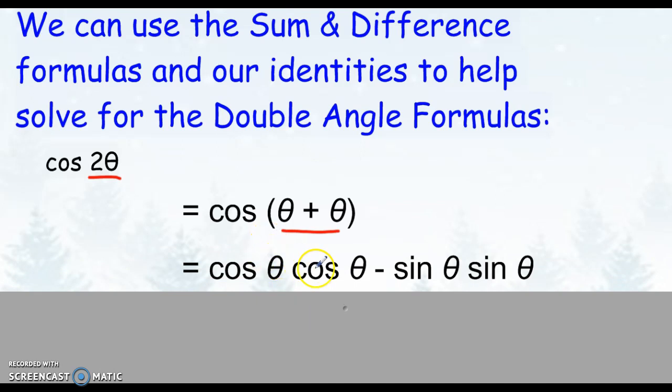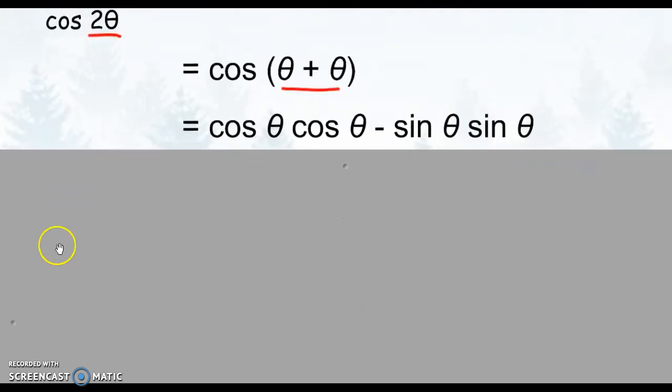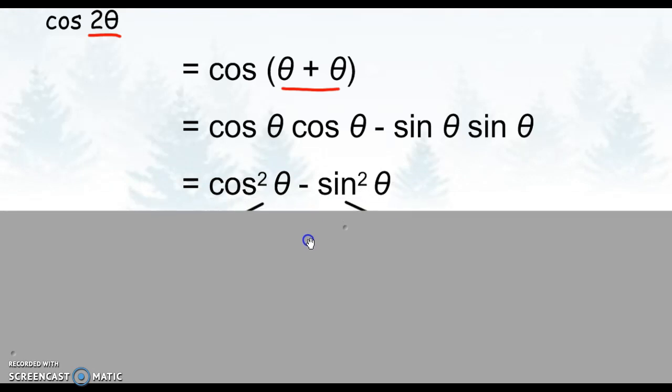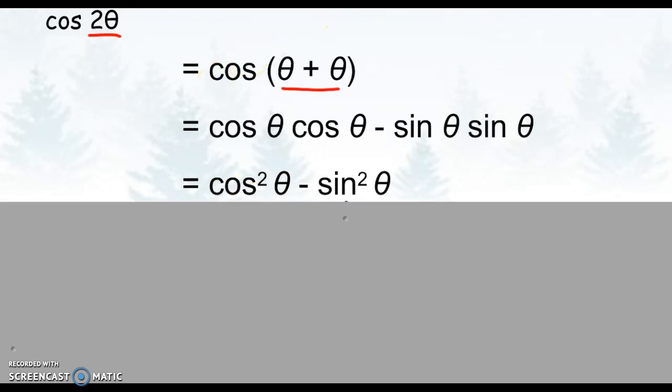So it's cosine of the first, cosine of the second, minus sine of the first times the sine of the second. And since our thetas are indistinguishable, they both are talking about that same angle, we can rewrite that. Cosine times cosine is cosine squared, sine times sine is sine squared. And this right here is enough. You can have the cosine of 2 theta is the cosine squared of theta minus sine squared of theta.